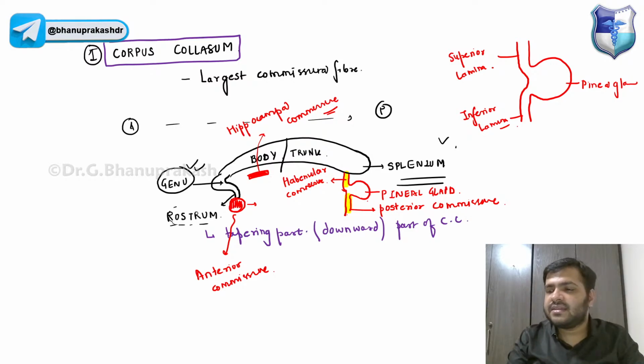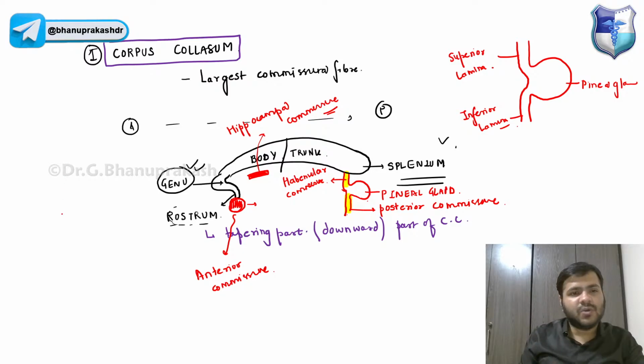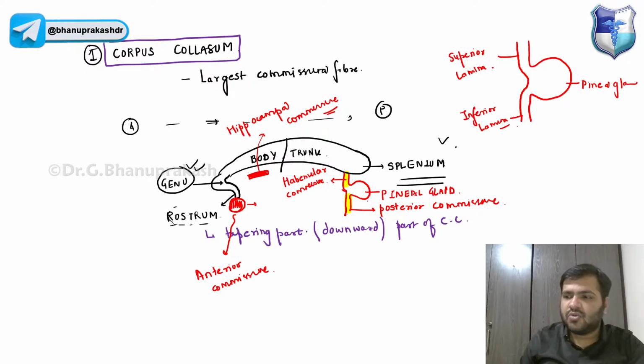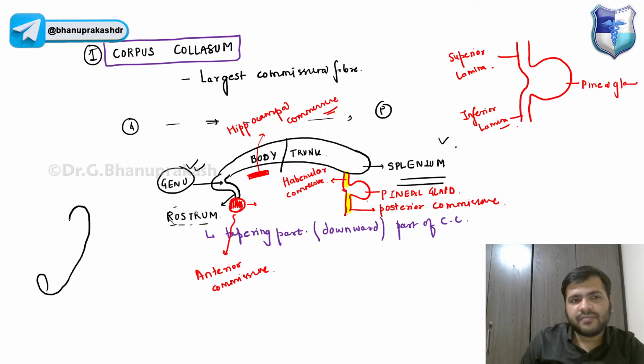This hippocampal commissure is basically connecting the two. Okay, now guys, let us discuss this hippocampal commissure over here. You already know we have the hippocampus, right? It goes from the posterior part laterally, and it comes in front and connects to the mammillary body.